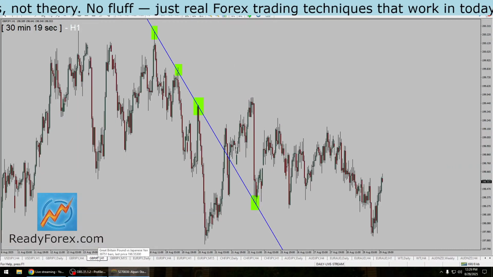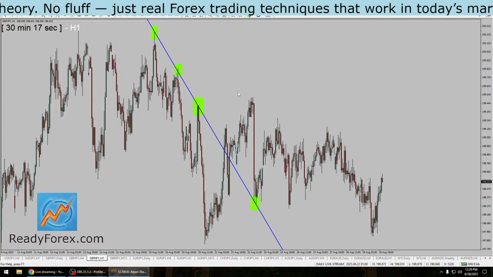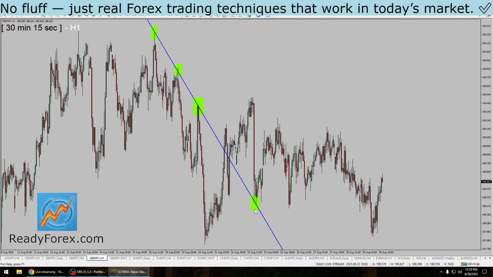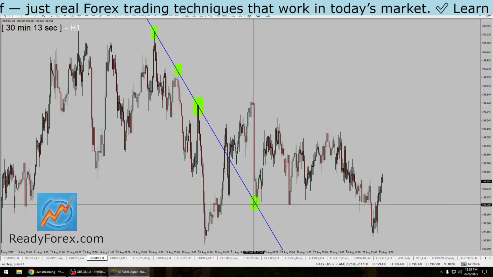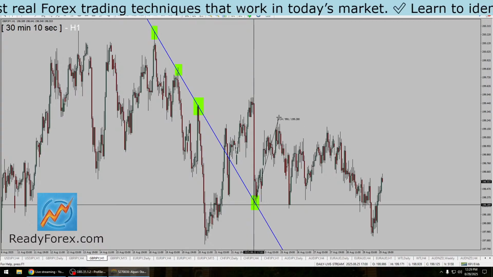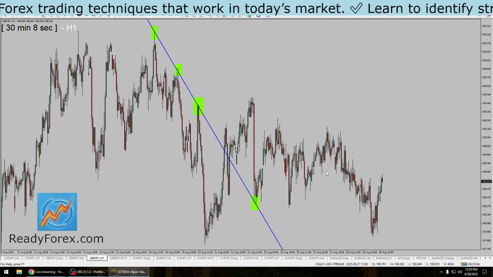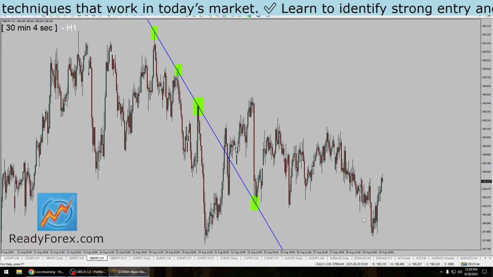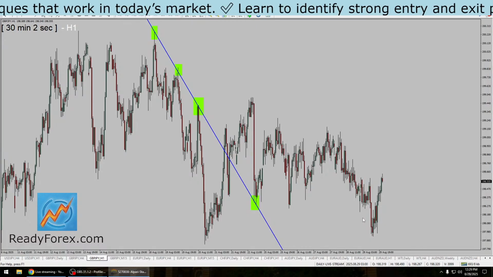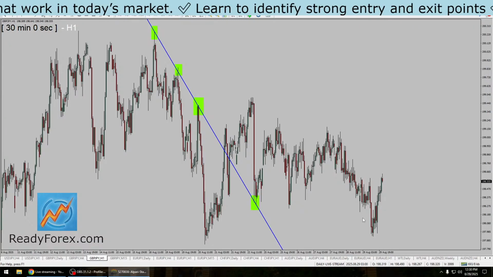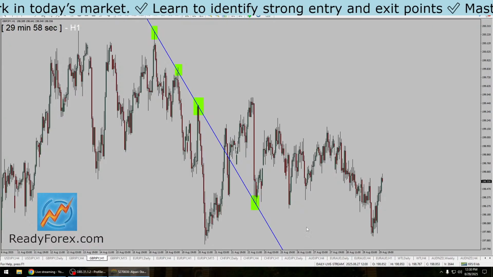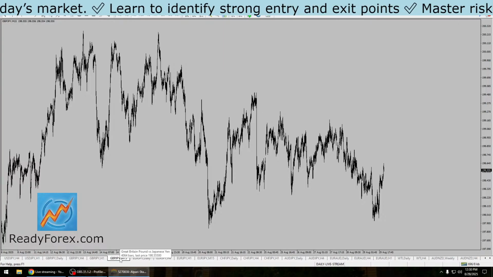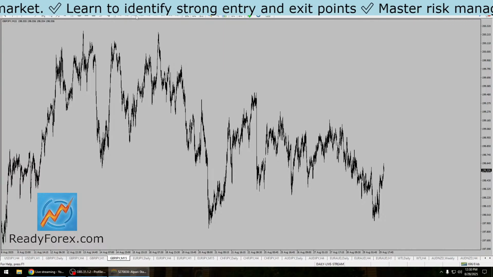Here we got a retest of this trend line. Then the market tried to rally back up, but kind of failed. So on a short-term basis, my forecast is bullish in the GBPJPY currency pair, but the market needs to rise up first.